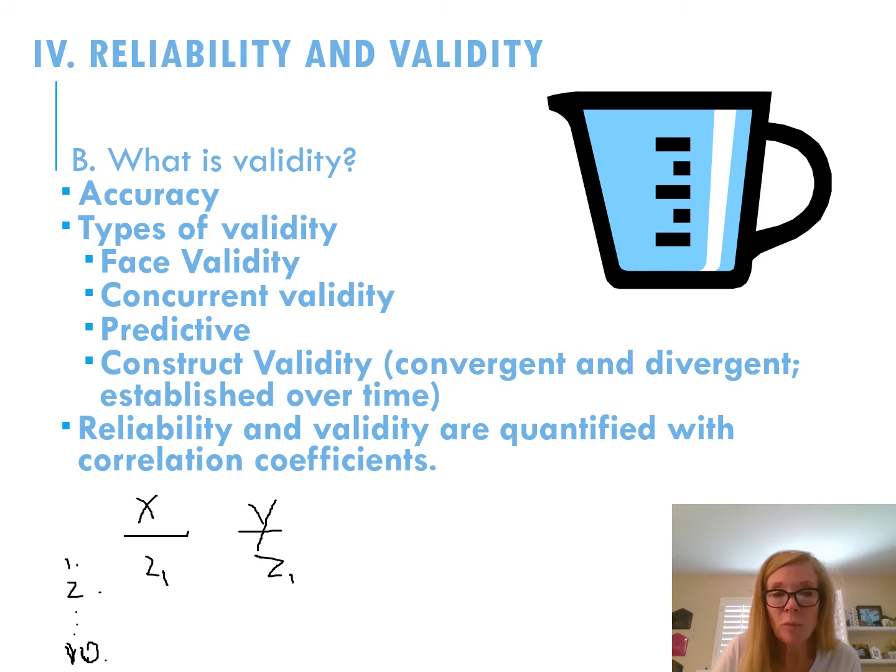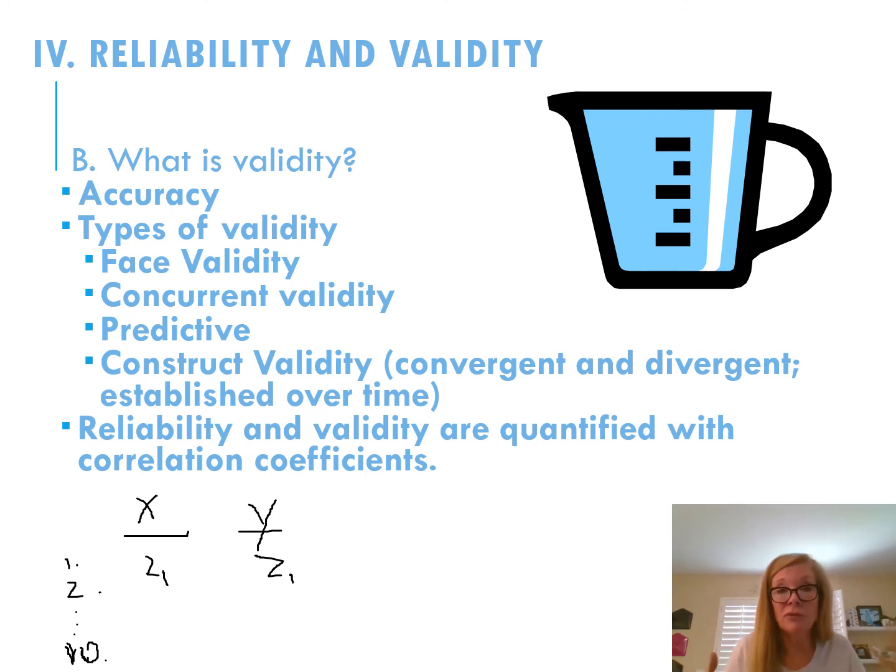If X represents time 1, Wednesday, and Y represents time 2, Friday, then that's test retest. Okay, that's a measure of reliability. As an example of validity, if X were for predictive, the score on the measure, and Y were the score on the behavior, like the ring toss game, then you're establishing predictive validity.